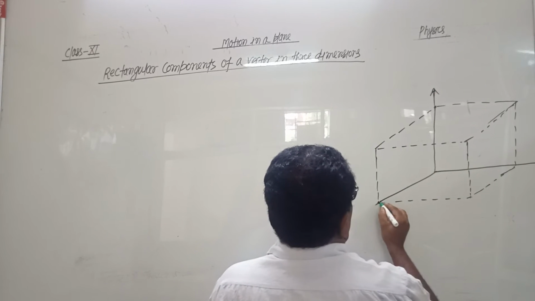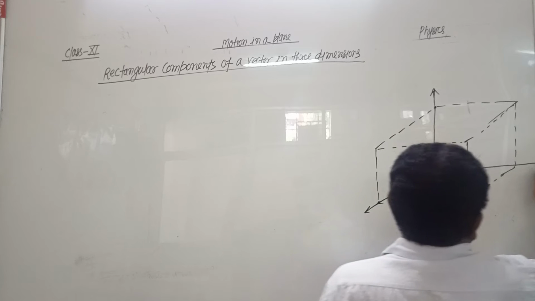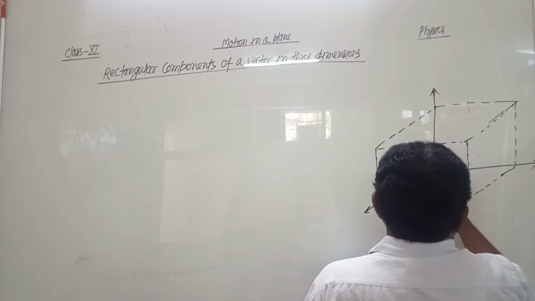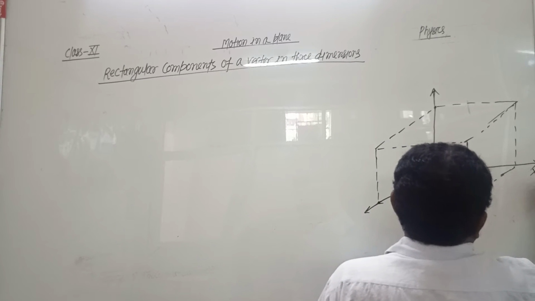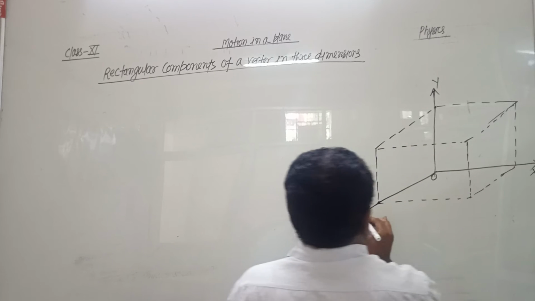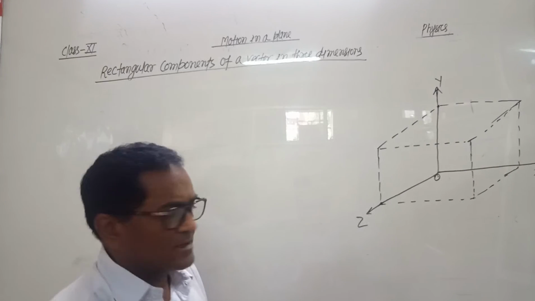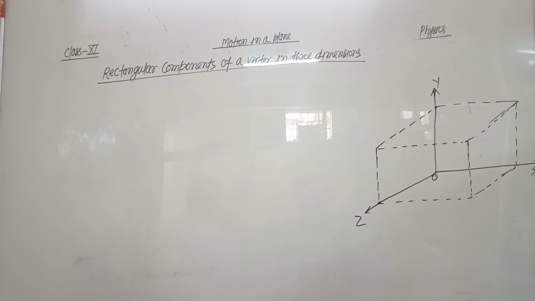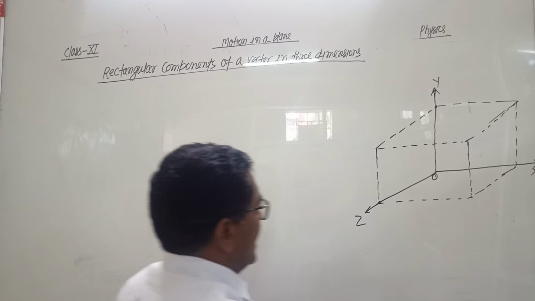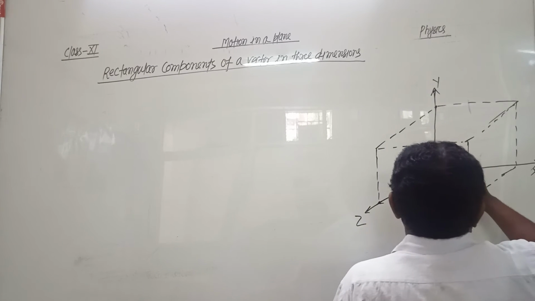So the 3 axes are, this is the origin, x-axis, y-axis and z-axis. In 3 dimensions, the 3 axes are x-axis, y-axis and z-axis.